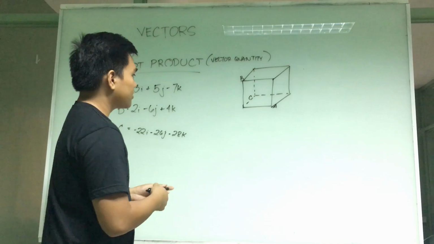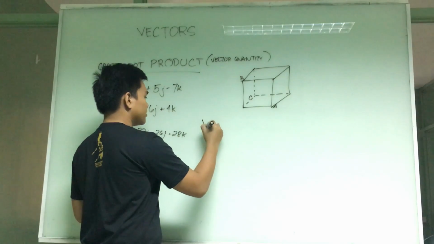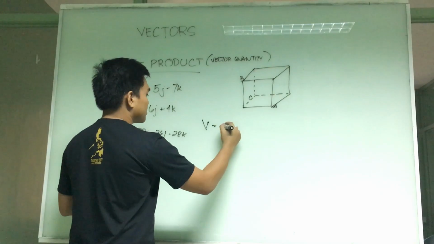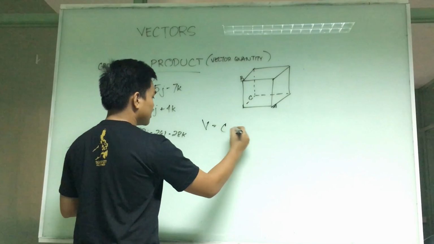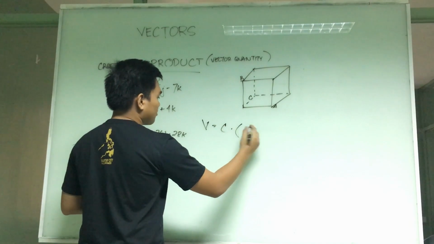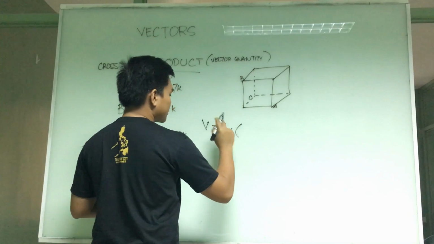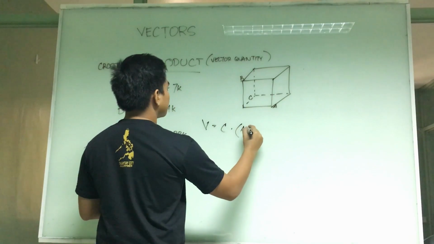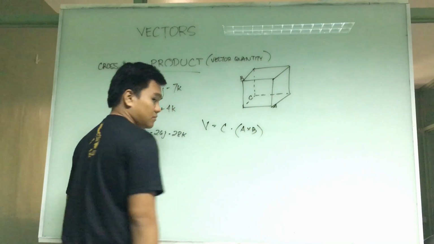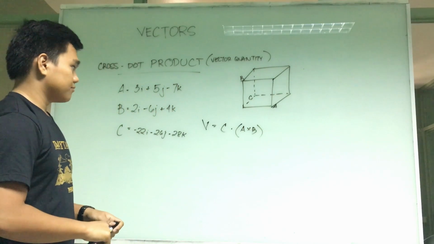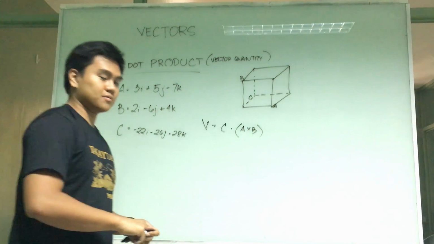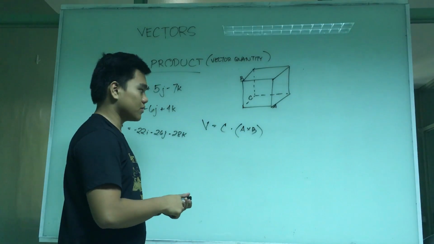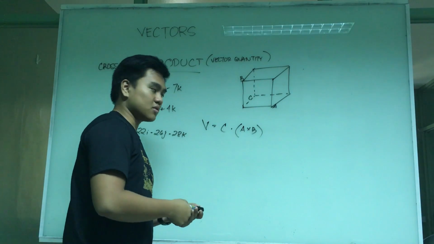Now, to find the volume of this figure, you can use this formula: C dot the quantity A cross B. A cross B would be equal to C, as we've known from the configurations a while ago.